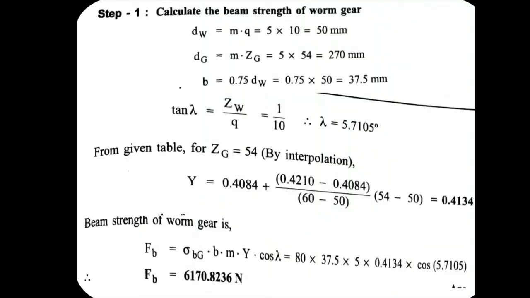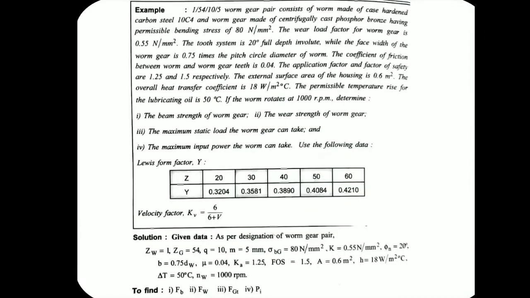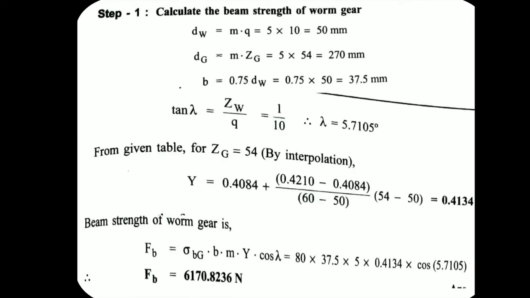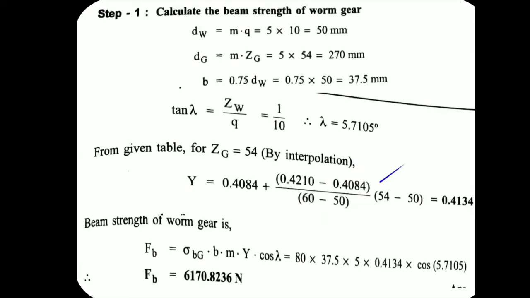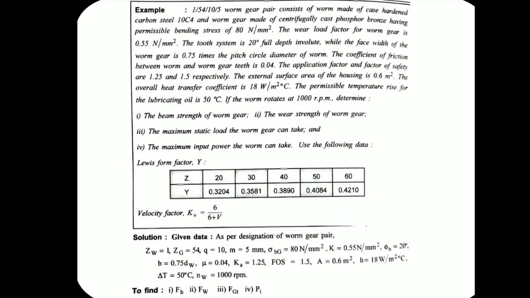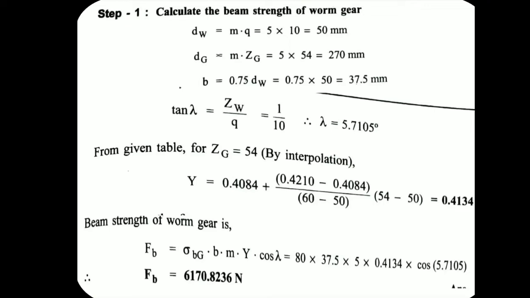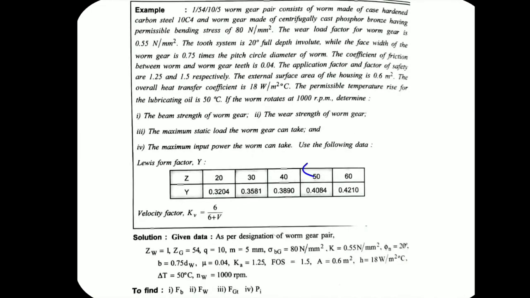See the procedure. For the interpolation, I take the initial value 0.4084, this value for 50, plus maximum value minus minimum value, that is 0.42 minus 0.40, divided by maximum minus minimum number of teeth, 60 minus 50, into the value which we need to calculate, that is 54 minus the initial value of the range.